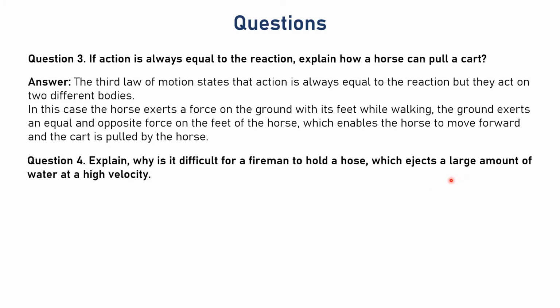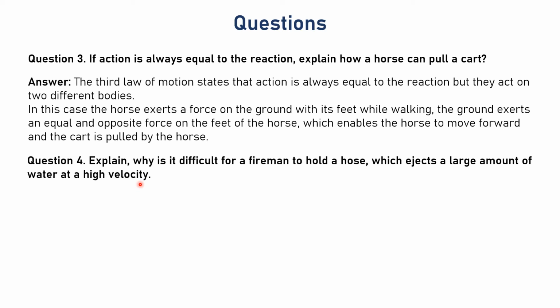Yes, we can say that when a large amount of water, meaning it has great mass, is moving out with a high velocity, the momentum of that water will be very great, right?